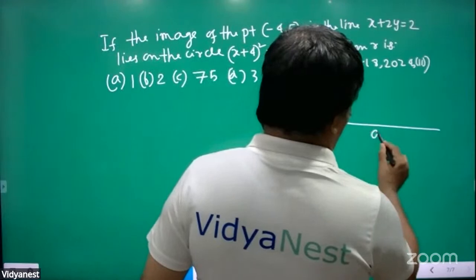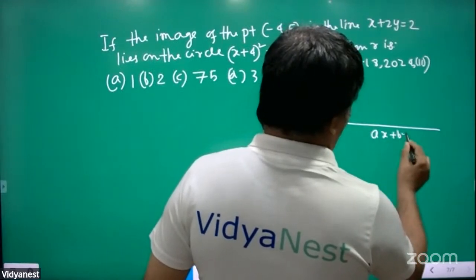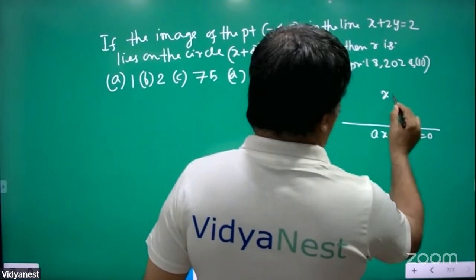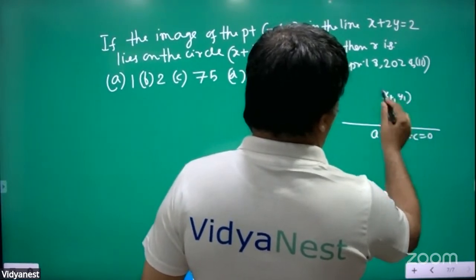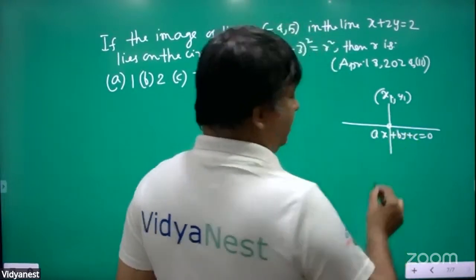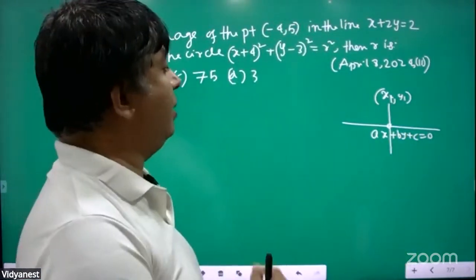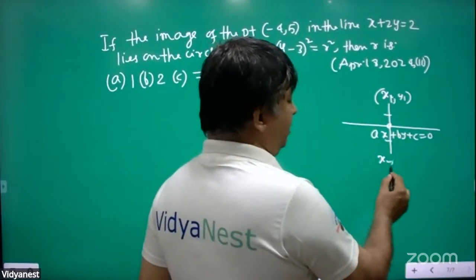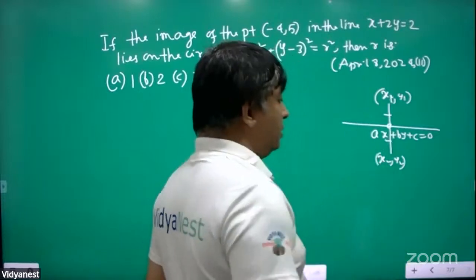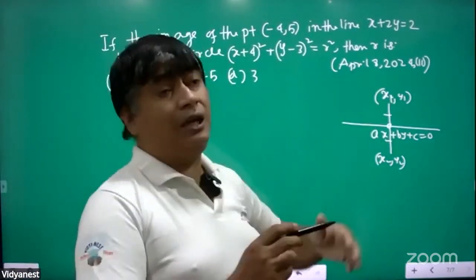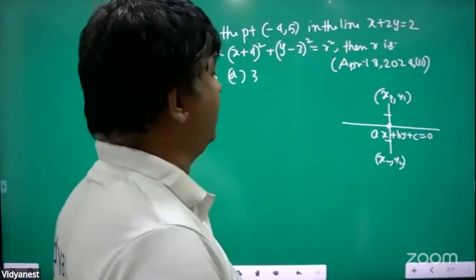See, if there is a line ax plus by plus c is equal to 0 and there is a point x1, y1, if I am asked to find the image of this, even in optics, in physics, you are told that object and image distance are equal. Yes or no? Yes, sir. If you follow that concept, it will be a big process, the conventional way.